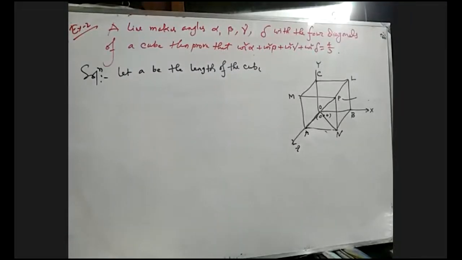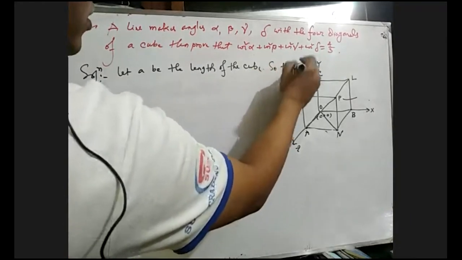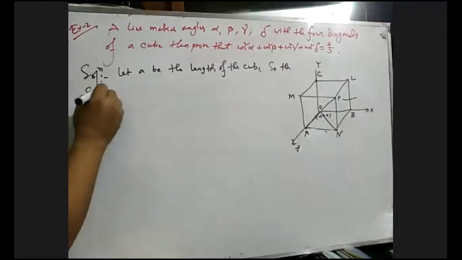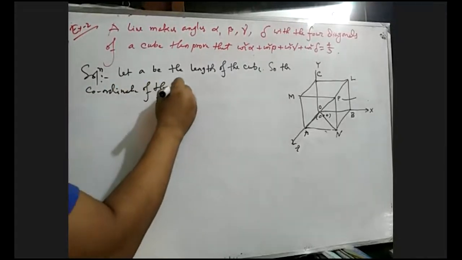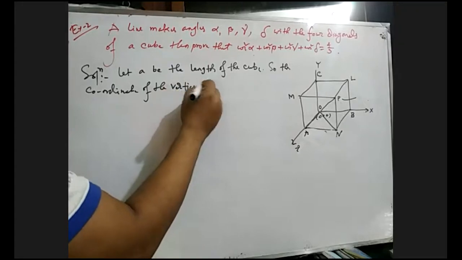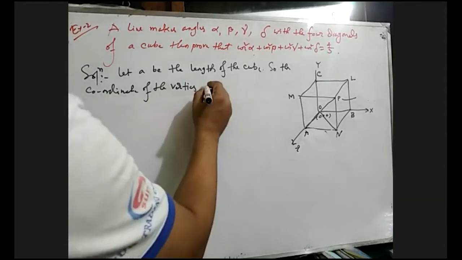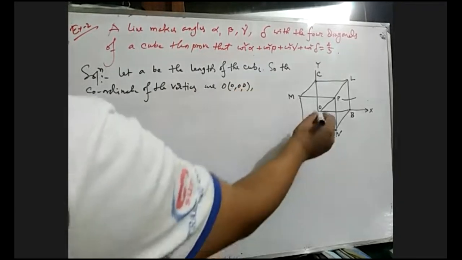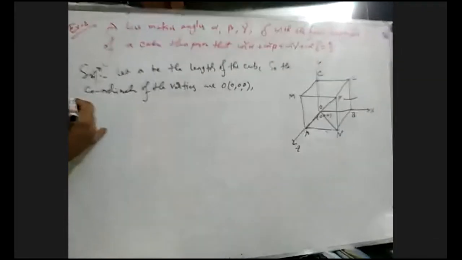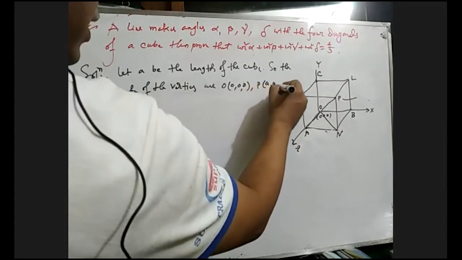So the coordinates of the vertices, you must know. O is 0 0 0, because O is the origin, remember it, and P is the point a a a.